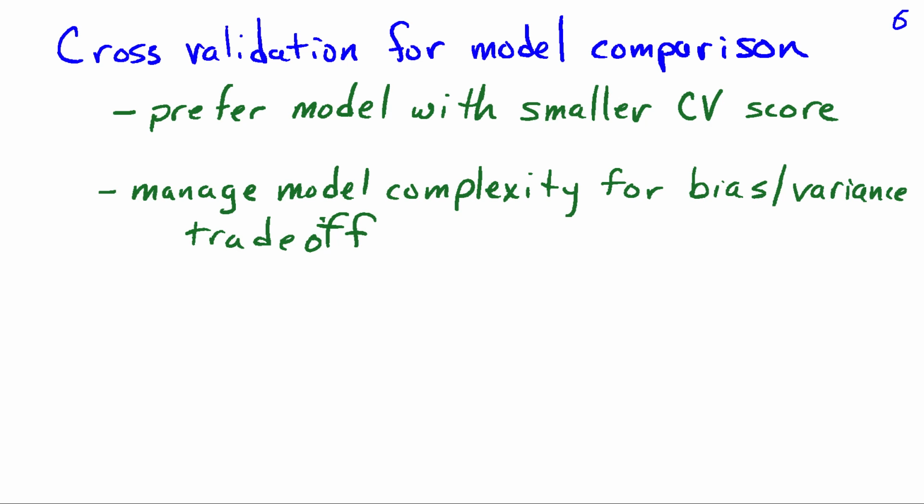And classically in statistics, this kind of trade-off is called a bias-variance trade-off. The notion of bias refers to the fact that our model may not be complex enough to capture the actual decision boundary.